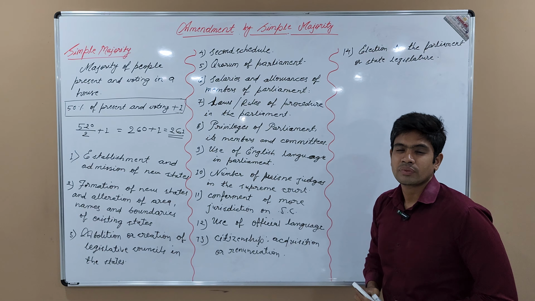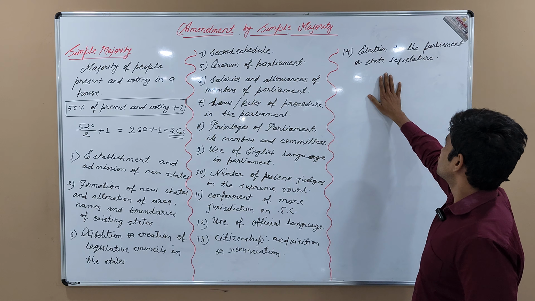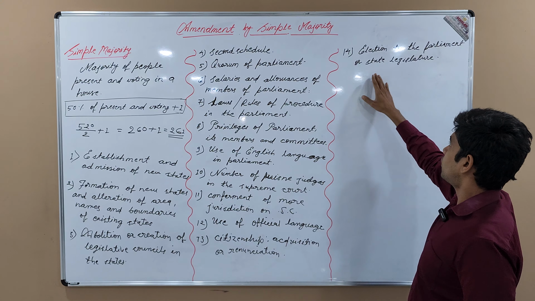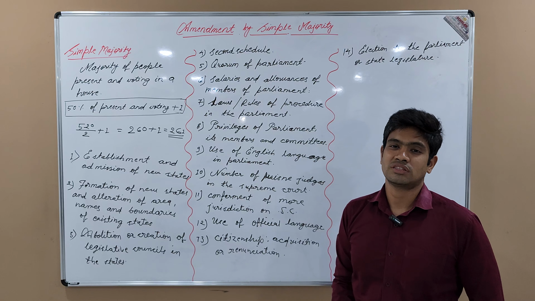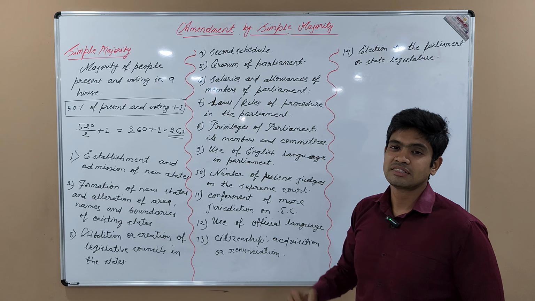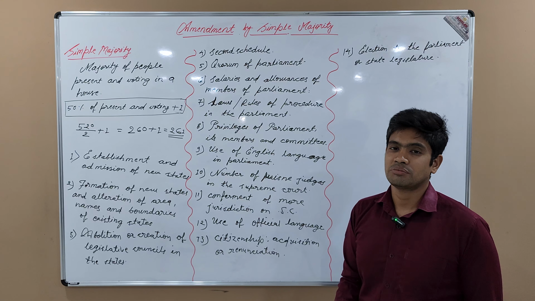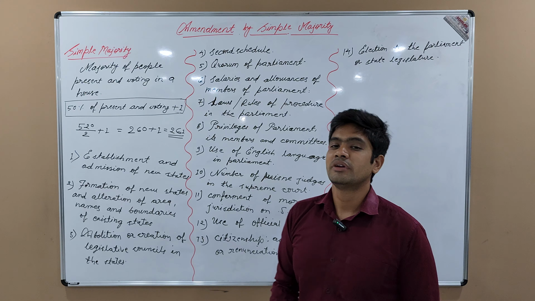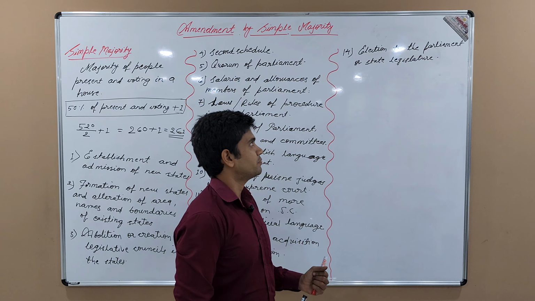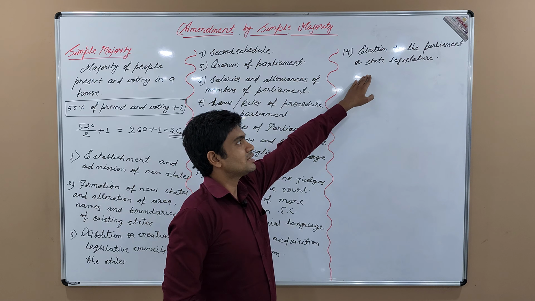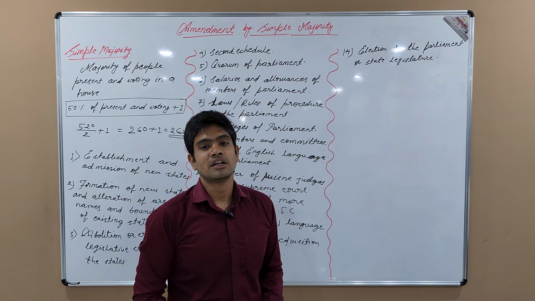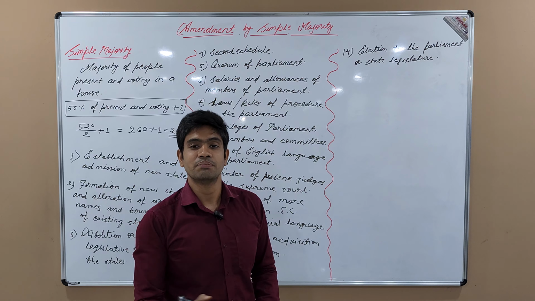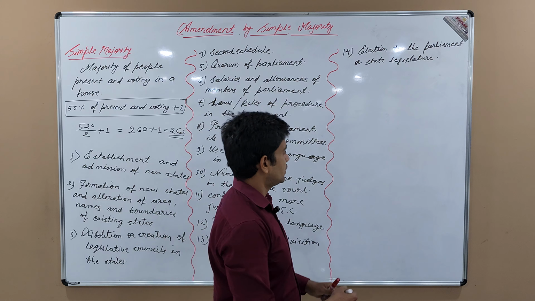So whenever there are any changes sought in the election to the parliament or state legislature, those election rules and laws can be easily changed by simple majority in each house of the parliament. So whenever a bill will be introduced whose final aim is the changes in the election laws, that bill should be passed in each house of the parliament by the simple majority.